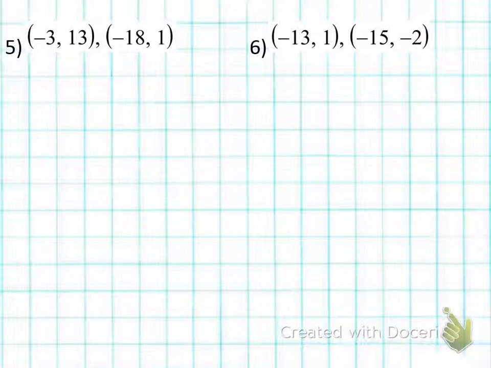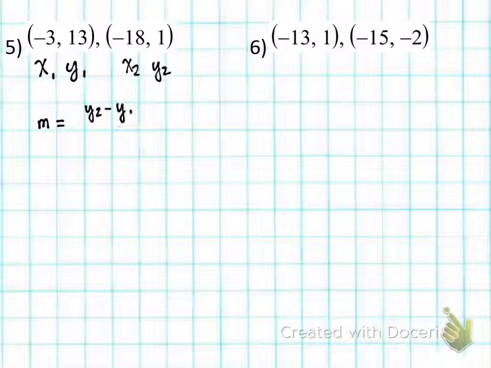The first thing we need to do is figure out the points, right? We know that coordinates are x and y, and that we have the first coordinates x1, y1, and the second one is x2, y2, right? You have to identify them, so I expect you to write that down on your paper, so it helps you organize everything. And then you start writing down the formula. Slope, or m, is equal to y2 minus y1 over x2 minus x1. Now we plug them in.